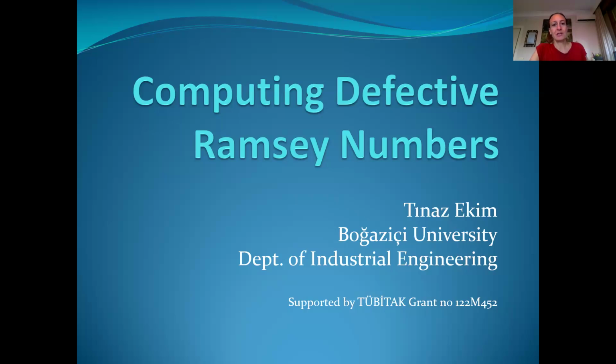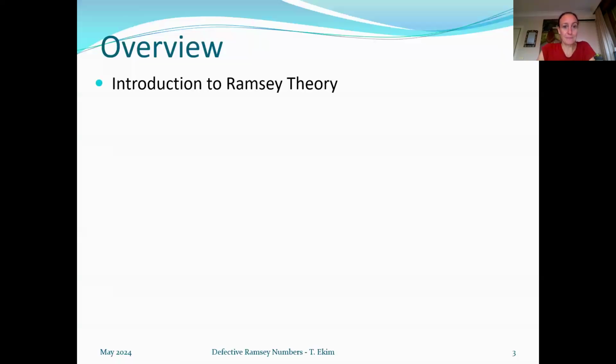So today I'm going to talk about how to compute defective Ramsey numbers. I'm going to start very slowly introducing Ramsey theory, assuming that not everybody is familiar with Ramsey theory. So I'm going to start with very basic stuff. And then I will introduce defective Ramsey numbers. So it's a variation.